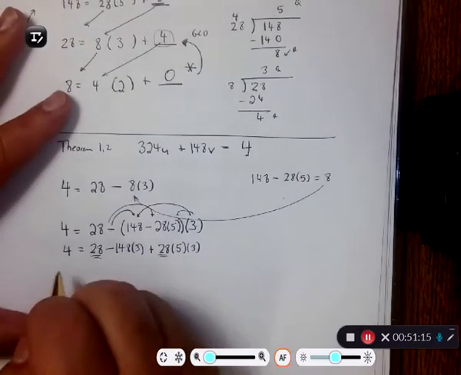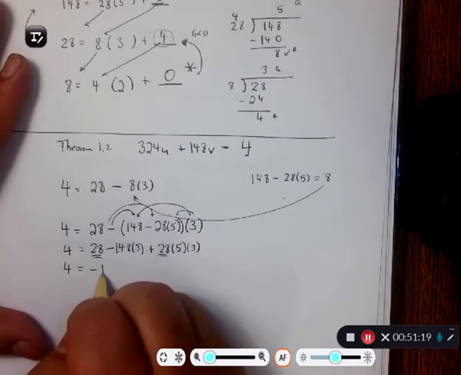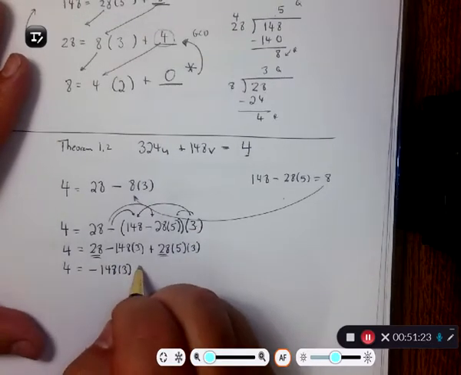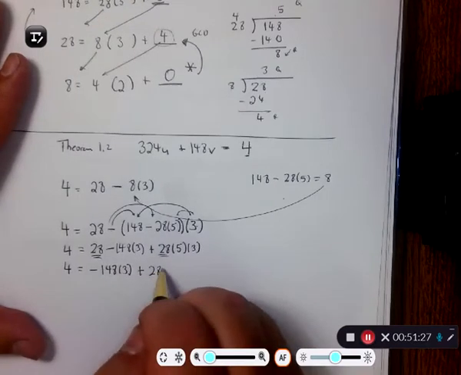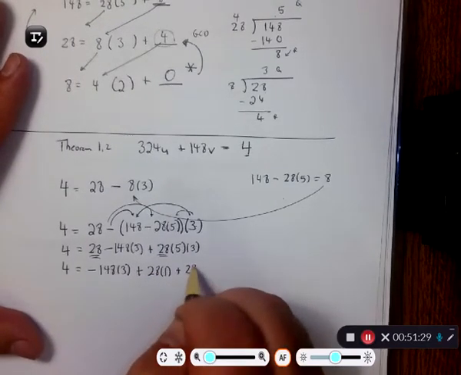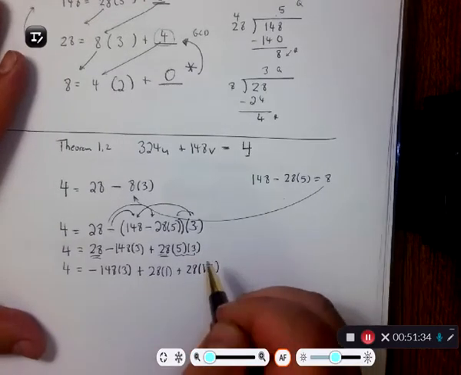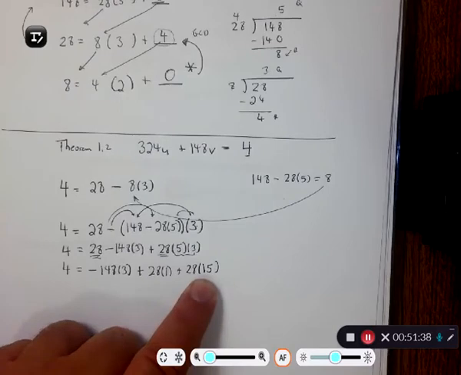So watch what happens. 4 is equal to negative 148 times 3 plus, let's see here, I've got 28 here. It's officially 28 times 1 plus 28 times 5 times 3 is 15. So I've got 15 28s, I have 16 28s.